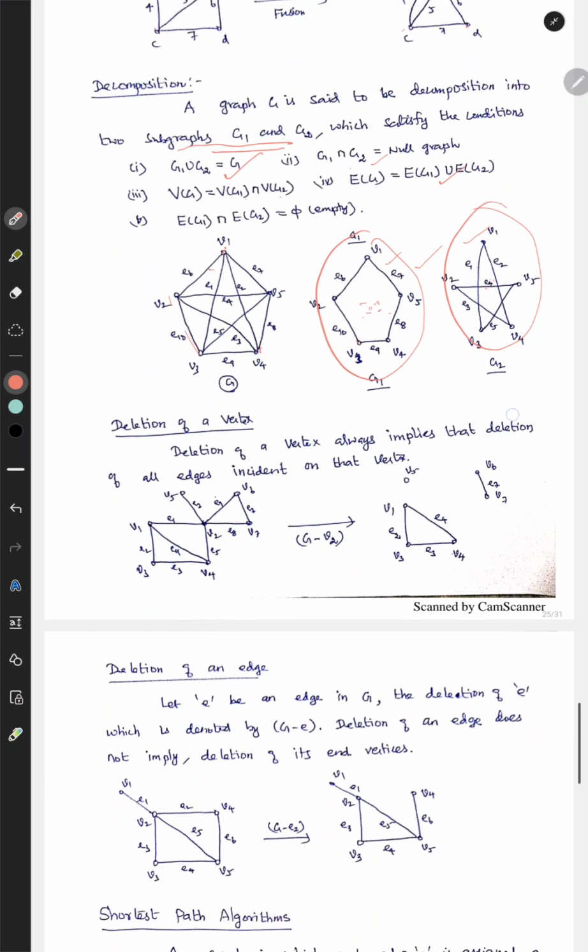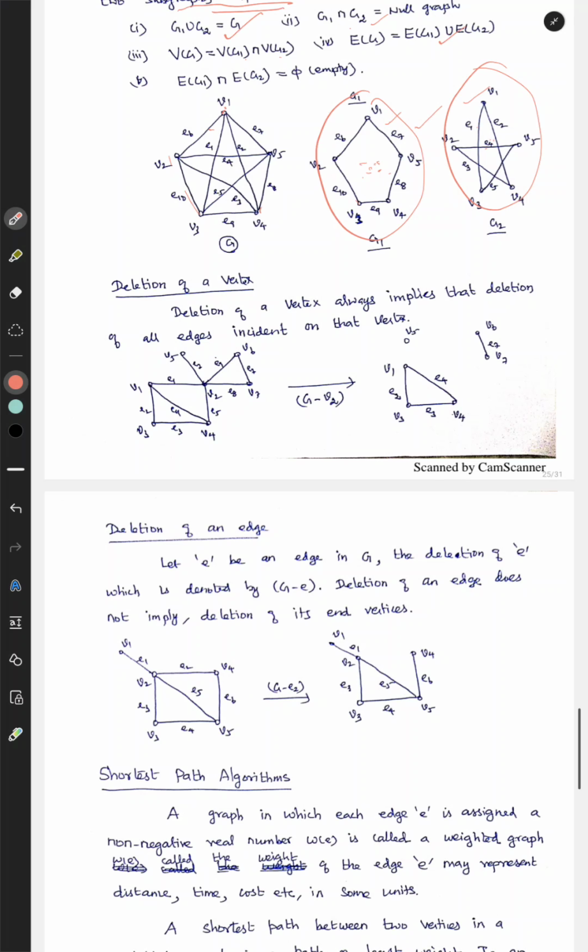Okay. Now what do you mean by deletion of a vertex operation? You have this graph, so once you remove or delete the vertex v2, we are also removing all the edges that are incident to v2. So the resulting graph will be, other than this vertex and all the edges that are incident at that vertex, all the remaining vertices and edges will be there. So v5 is there, but the edge v5 to v2 should be removed, therefore v5 becomes isolated.